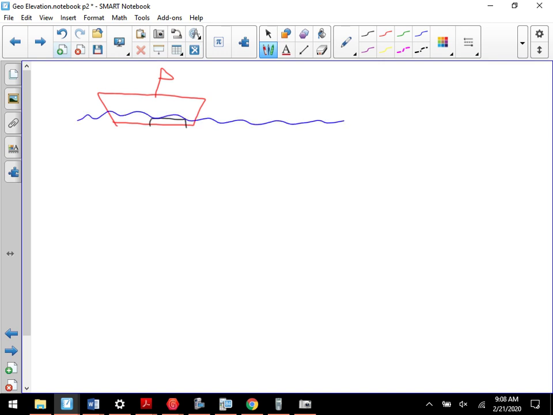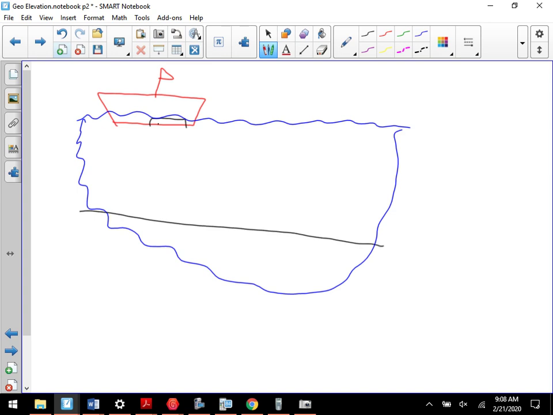So you're in the water. This is all water. Let's say you have your anchor, and you've got the ground. So here's the ground, and your anchor dropped.